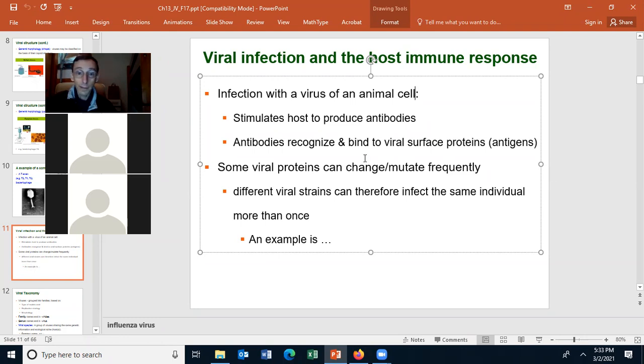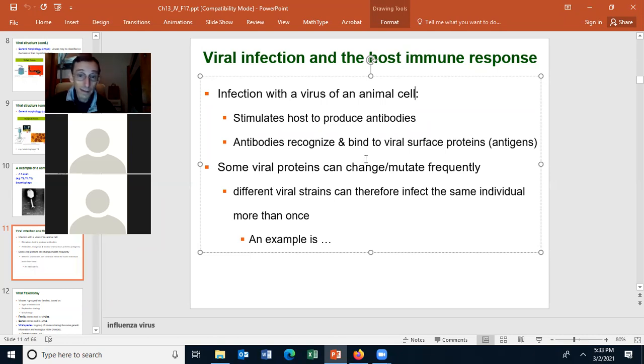Some viral proteins can change or mutate frequently, and that will allow different viral strains to infect the same individual more than once in their lifetime. For example, how many of you have had influenza more than once? Come on. Personally, I have. Yeah, we have had influenza multiple times in our life.